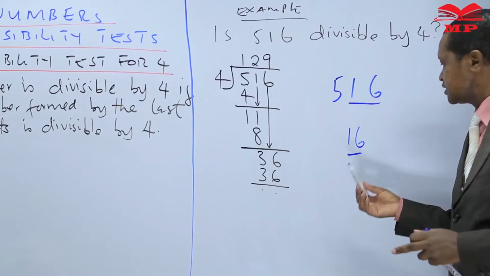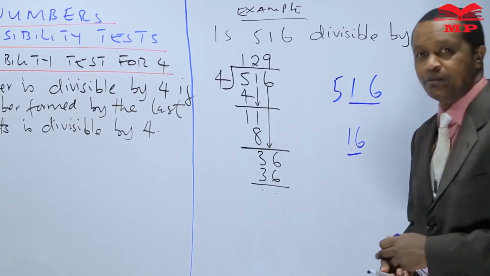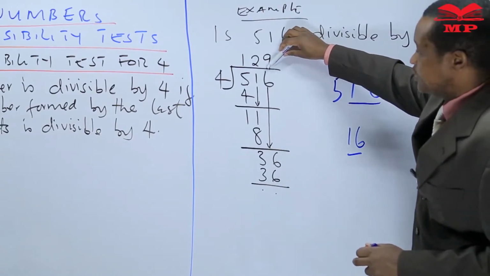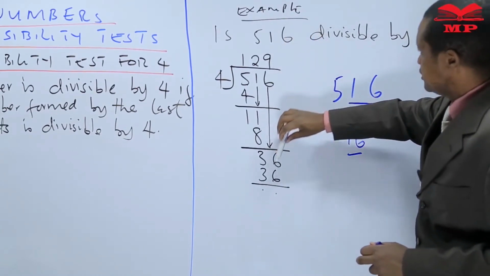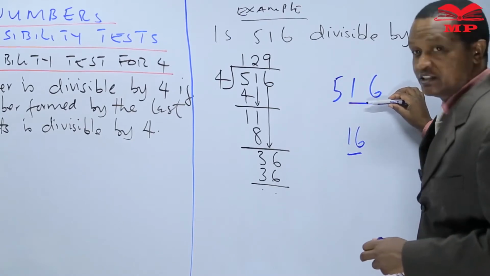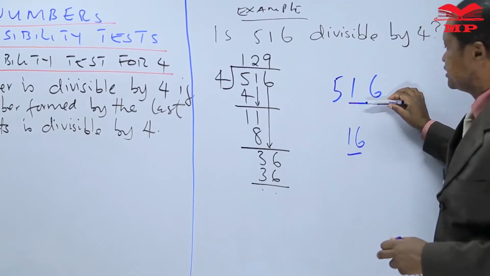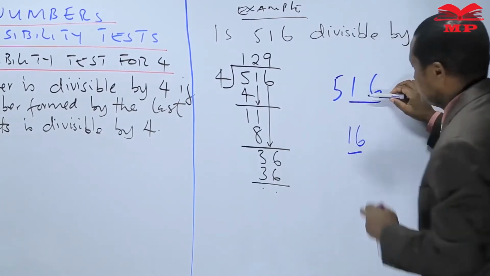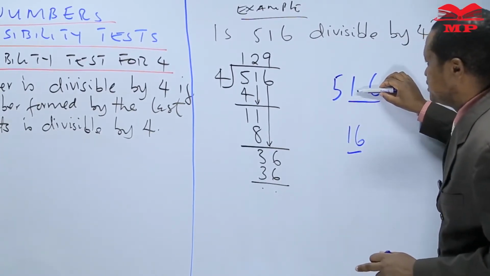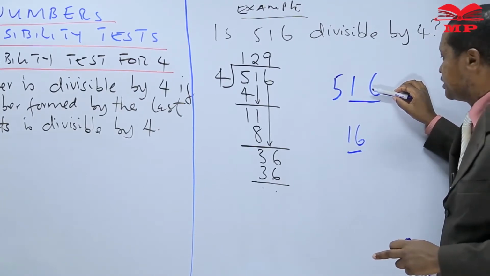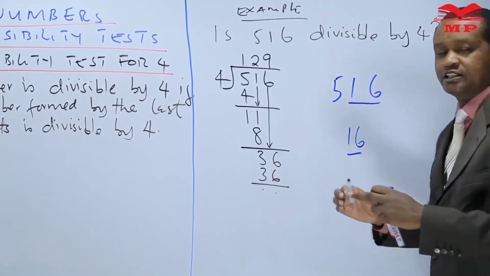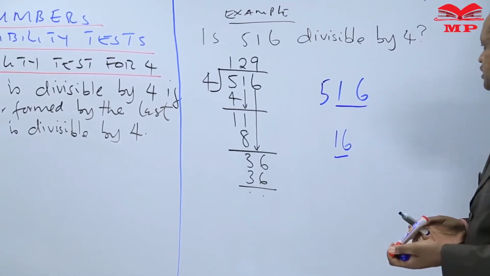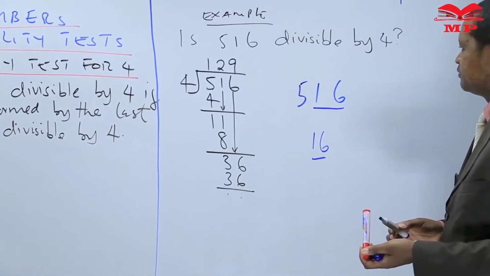And we know 16 is divisible by 4. So instead of going through the long method, if you have a number like 516, you just check the last 2 digits and see if it's divisible by 4. So that is the divisibility test for number 4.